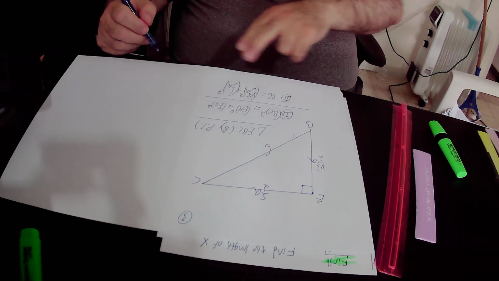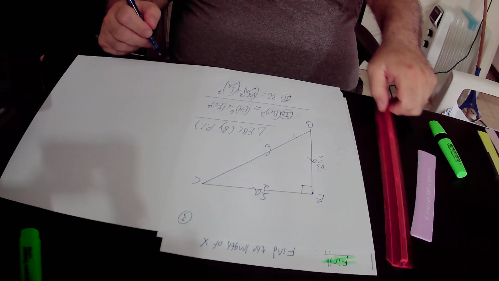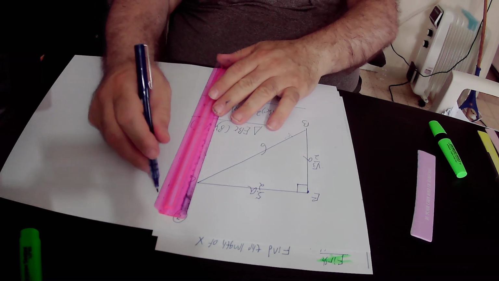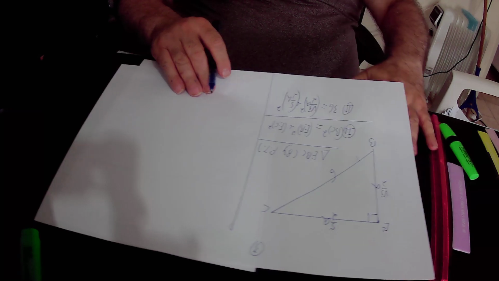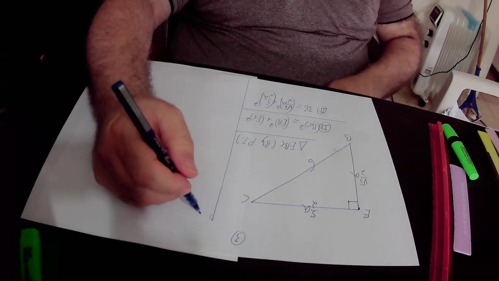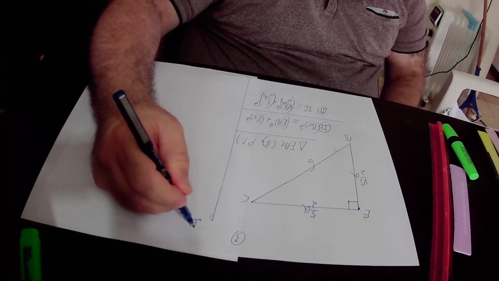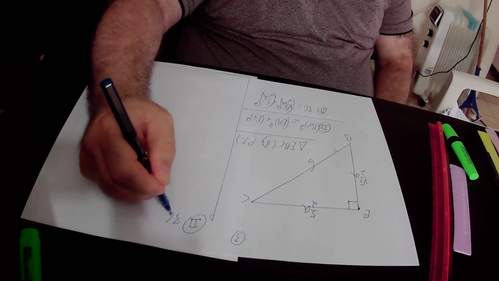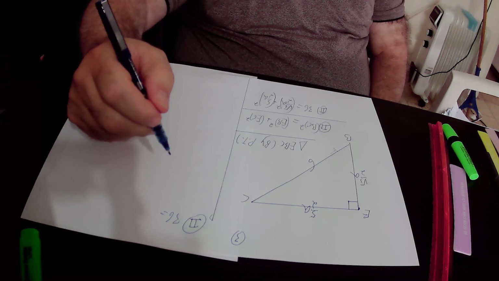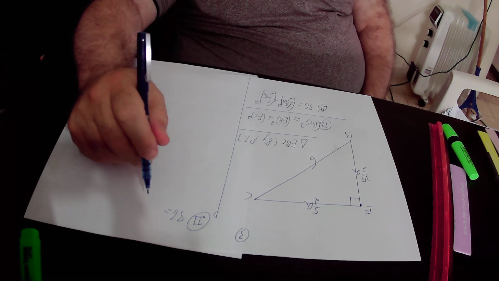So here we'll open the brackets on this side of equation number 2. We get 36 equals square root of 3 over 2 A squared.